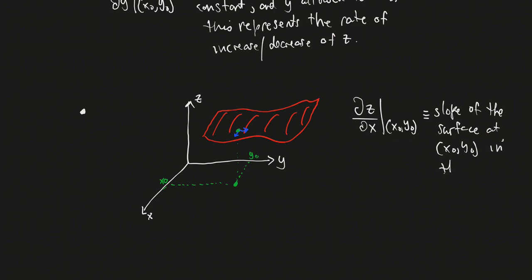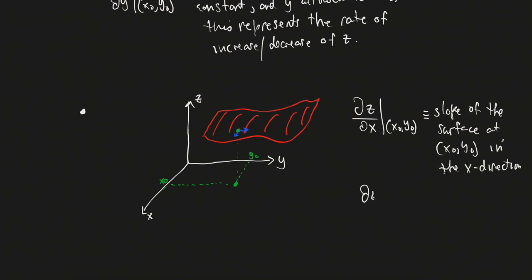So again, if my change is a change where my point moves parallel to the x-axis, how does that affect my z value? Then again, it can be interpreted like this.